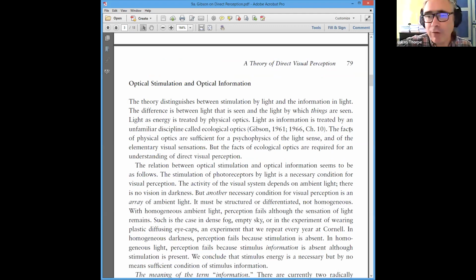He's interested in offering an account not about how we process information, not what's going on internally when we perceive things, but he's primarily interested in the information that's out there, that's available for the visual system to use.